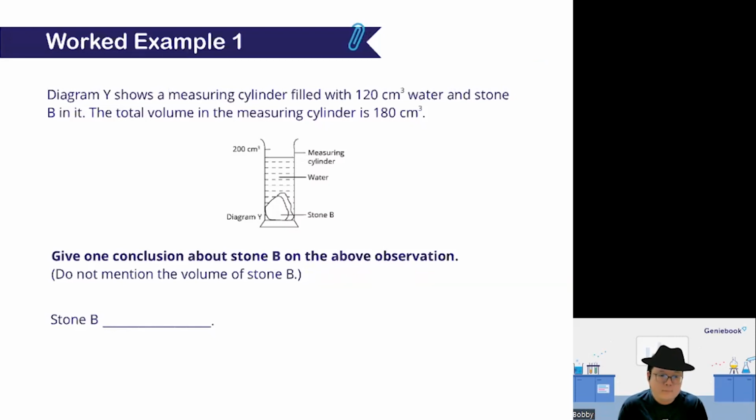Okay, so some of you guys might be doing math now, 180 minus 120, that is 60. Answer is 60. My math very good. But do take note, the question says do not mention the volume of P. So in this case, what we do know is that since we are talking about volume, volume has to do with space.